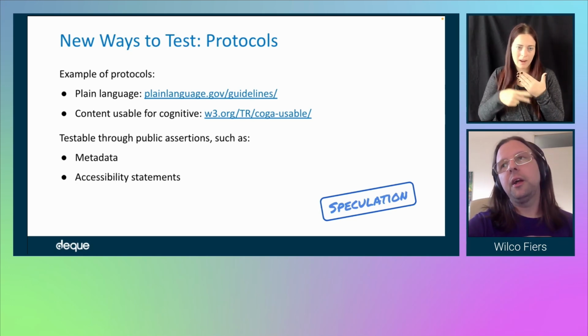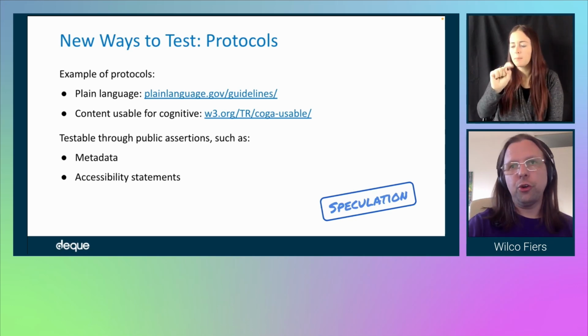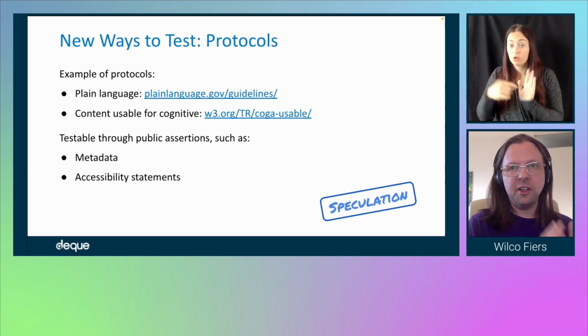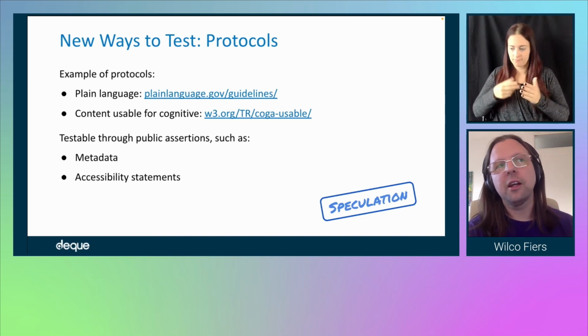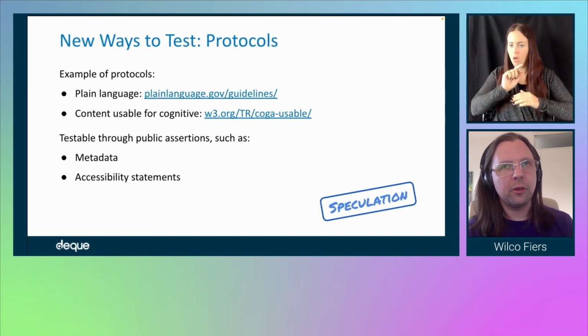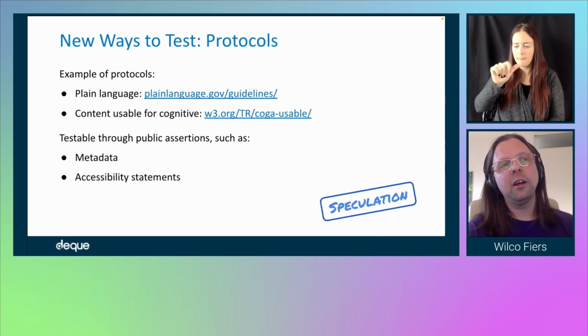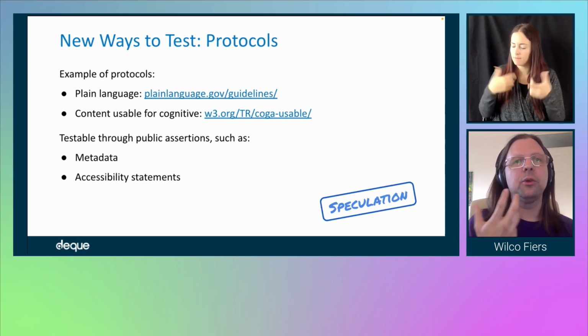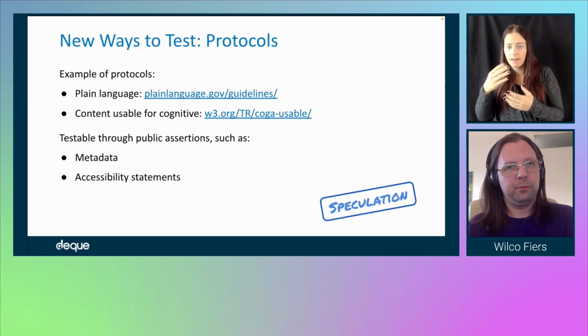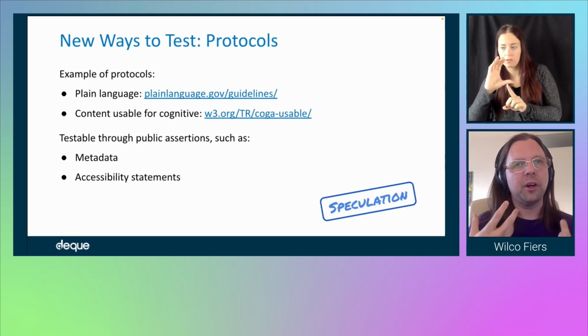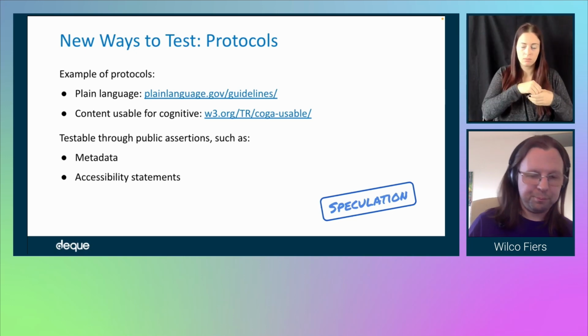So if you included metadata that showed that you've done this kind of testing, that you've ensured you followed the plain language guidelines, or that you have ensured that you followed the content usable guidelines, you might be able to include metadata that can be surfaced by a user's browser, which can help them understand whether or not that site's going to work well for them.